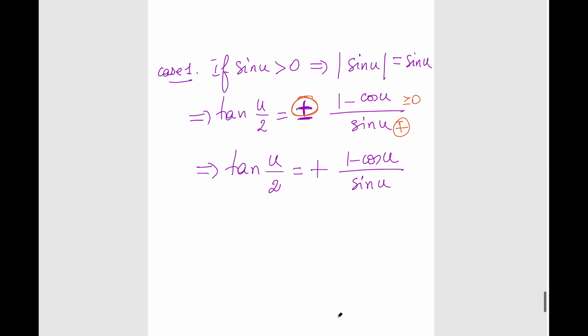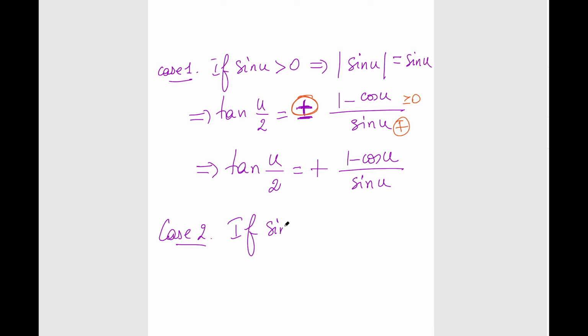Now the other case, case 2, if sine of u is negative, then what can you say about the absolute value of sine of u? Isn't it minus sine of u? The absolute value of a negative number is the opposite of the number, so this whole thing becomes positive.